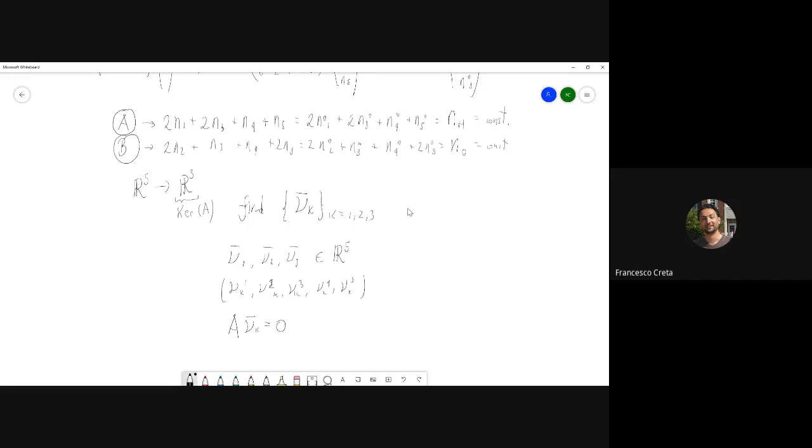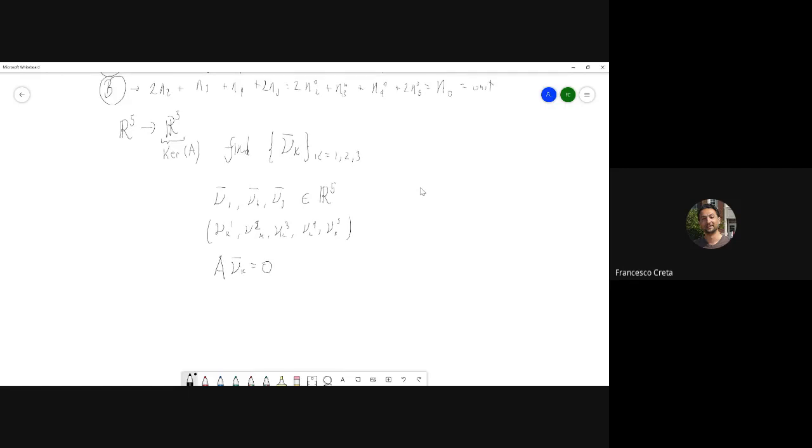But how many equations does this represent? This is only 2 equations, because remember, NS is equal to 2. This is only 2 rows. So it's an underdetermined kind of problem, right?